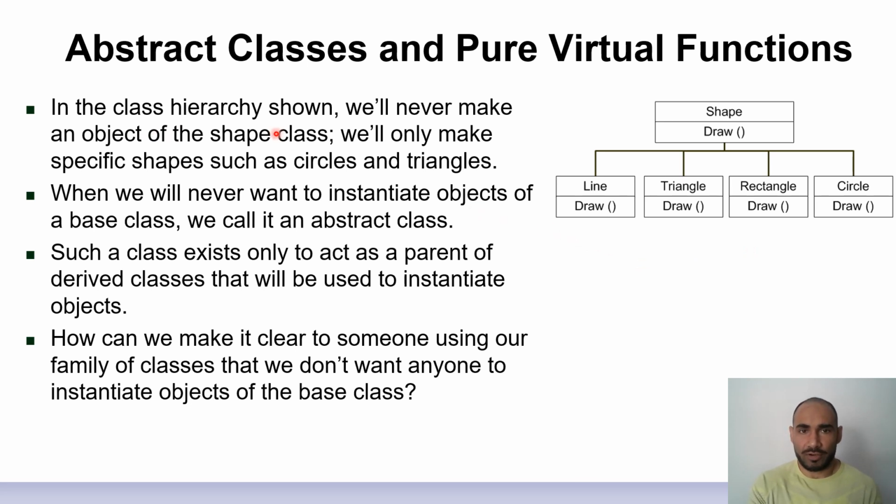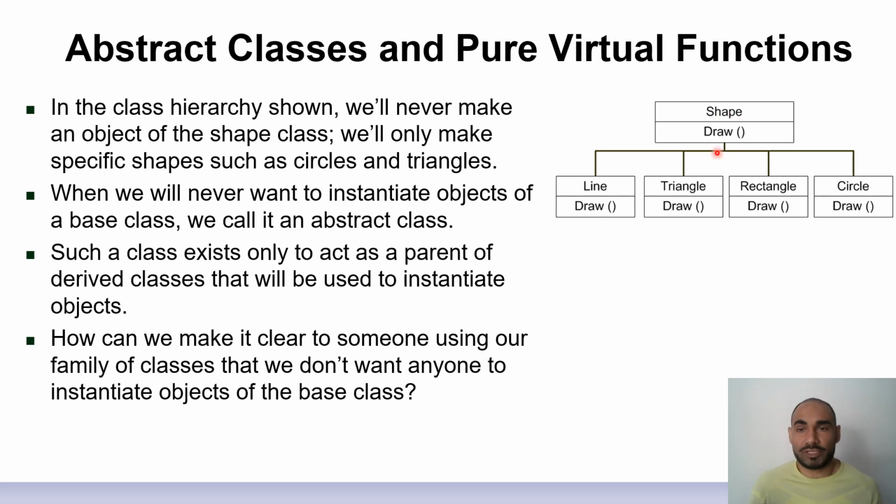So in the class hierarchy shown, we'll never make an object of the shape class. We'll only make specific shapes such as circles and triangles. That's fine. When we never want to instantiate objects of the base class, we call it an abstract class. So in this case, the shape will serve as an abstract class.